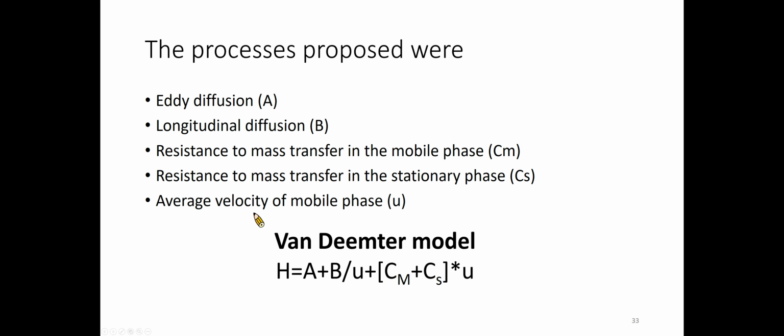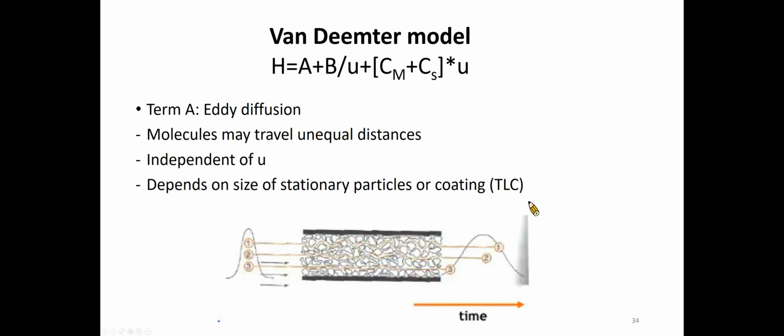U is the average velocity of the mobile phase. The mobile phase moves through the column, which is packed with a stationary phase. Solute molecules will take different paths through the stationary phase at random. These random movements will cause broadening of the solute band because different paths are of different length.